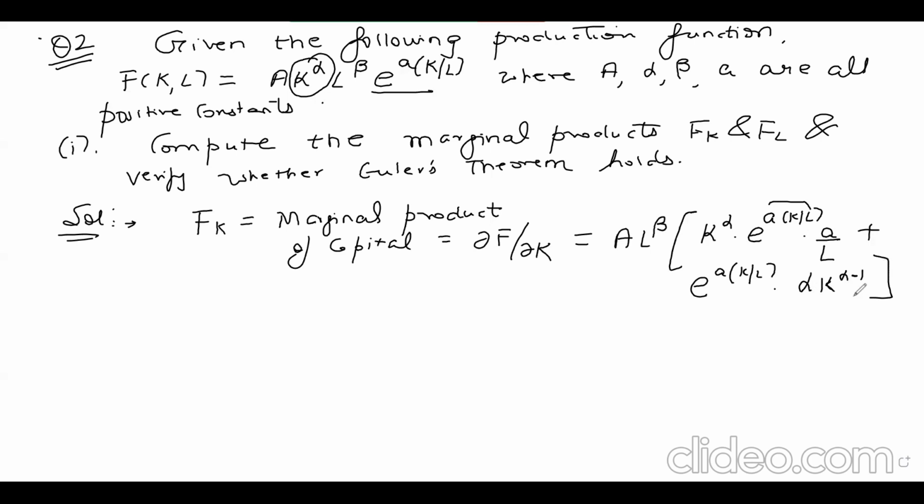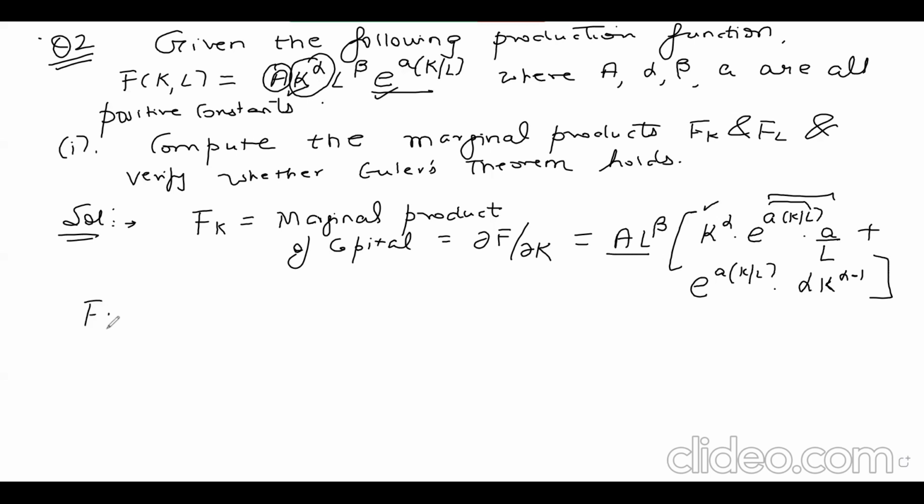So see how I have partially differentiated the production function with respect to the capital stock. So A and L to the power beta are outside because they are constants. And then to K to the power alpha times e to the power a times K by L, I apply the product rule of differentiation. We all know the product rule, right? K to the power alpha times the derivative of e to the power a times K by L, which is this whole term, plus e to the power a K by L times the derivative of K to the power alpha, which is alpha K to the power alpha minus 1.